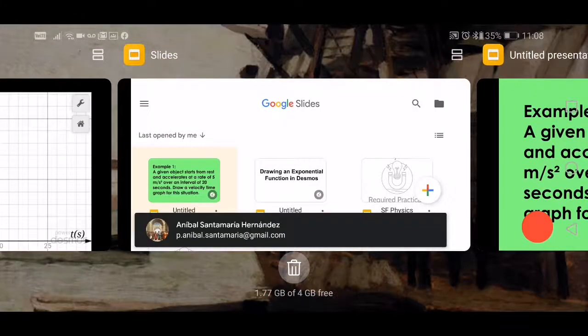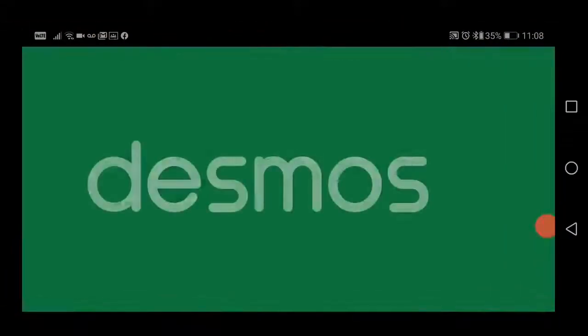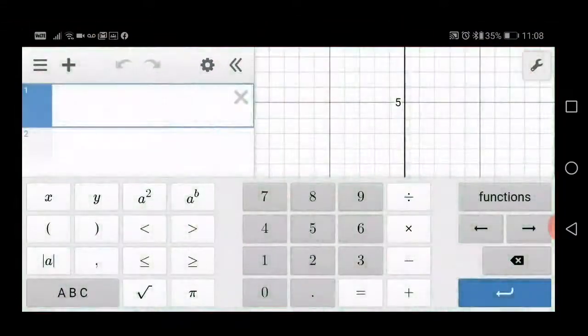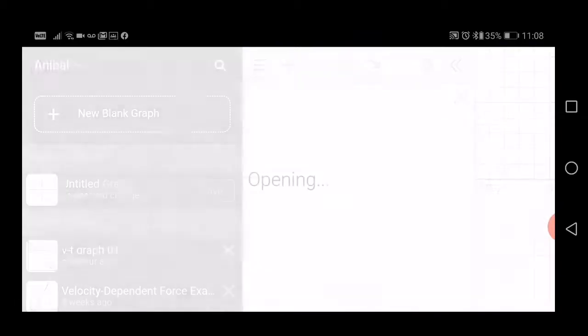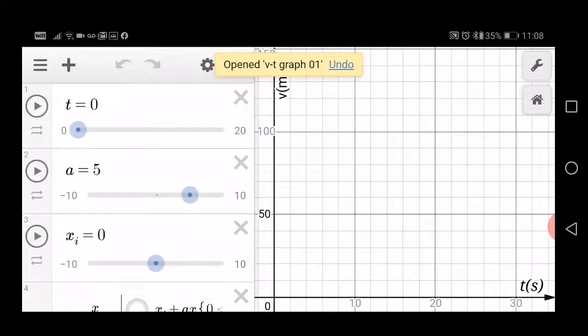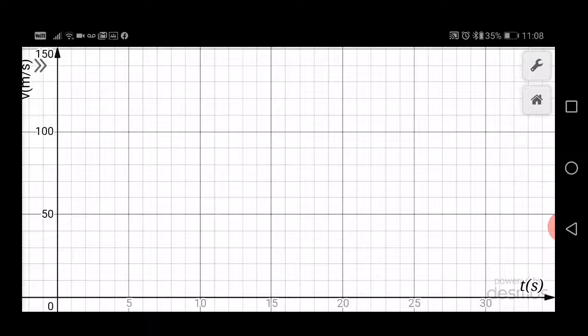Now, if we look at this from a graphic point of view, this is what you have. We have a previous presentation prepared for this, and basically, let's first look at the blank space that we're going to use.